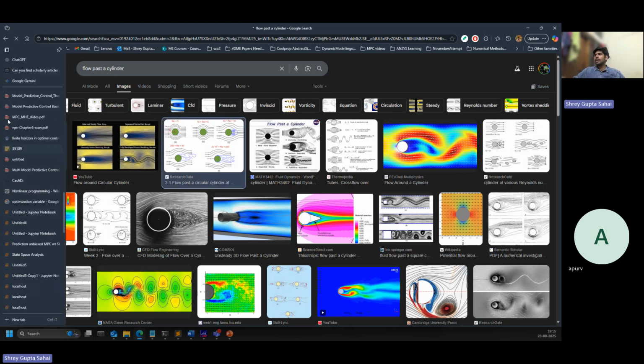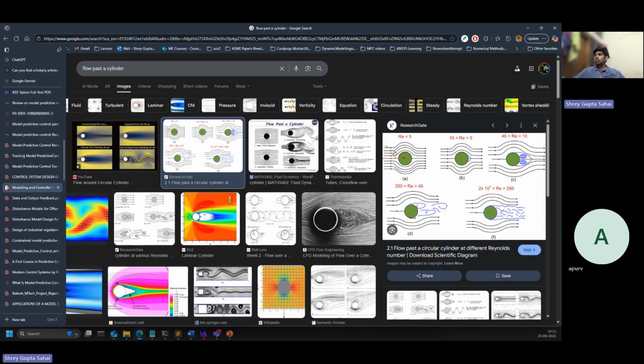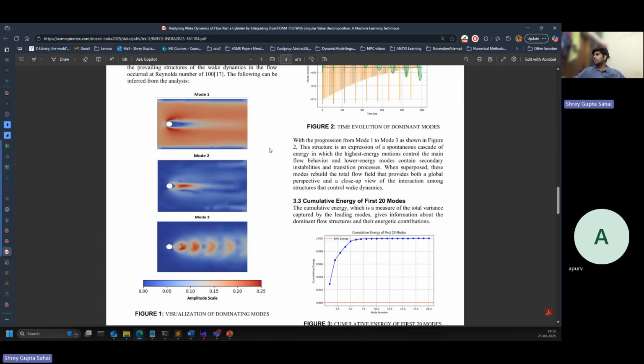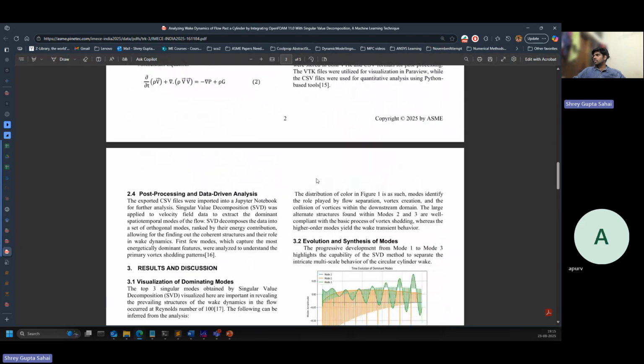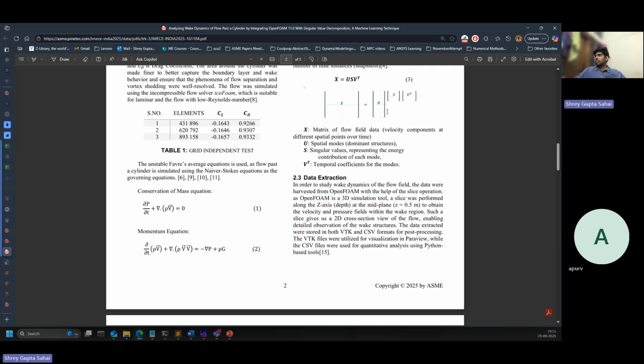In this case, they have taken a Reynolds number of 100, which comes in the range of vortex shedding. So Re of 100, vortex shedding happens, and they have simulated an unsteady simulation. So let's just quickly look, and as you might be aware, I mentioned the fact that there are singular values associated with it.